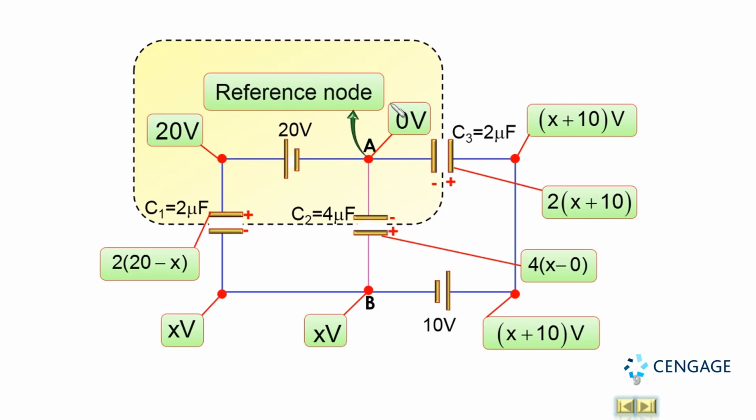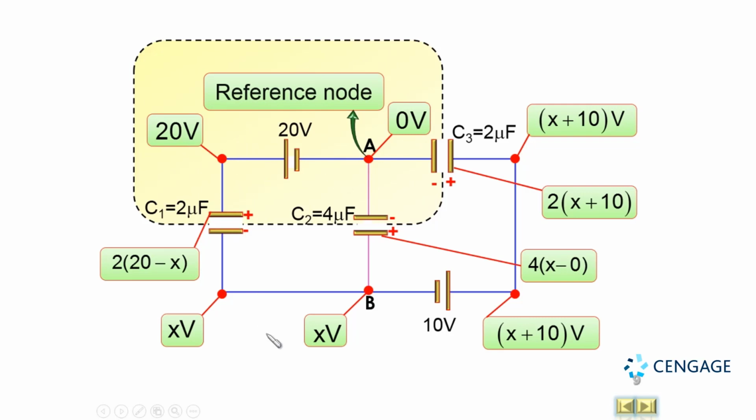So we can include the battery inside our isolated system, right? And in any isolated system, we know conservation of charge is valid. So we need to add the charge of this plate and this plate, that is a positive plate, negative plate and negative plate, and the sum should be equal to 0.